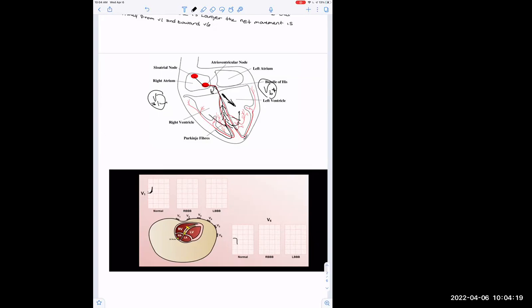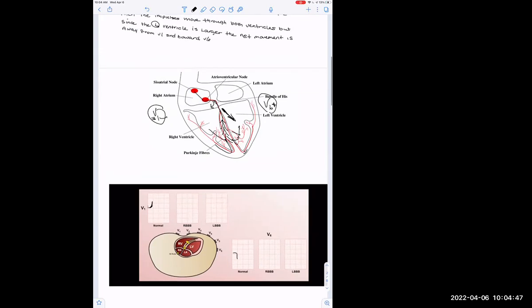Okay, everyone with me? All right. Then, like we said, the electrical impulses propagate roughly equally through the ventricles. However, remember we said the mean axis is moving downward to the left. The 12 lead actually sees more of the left side than the right side.